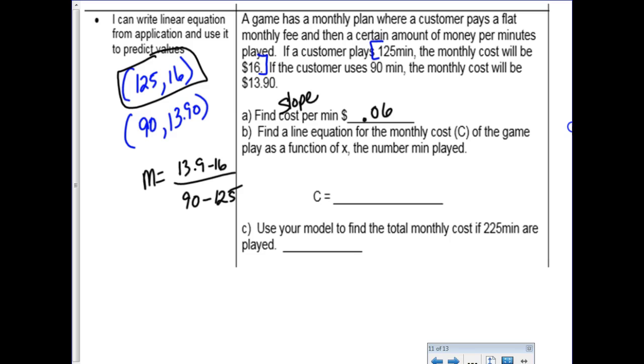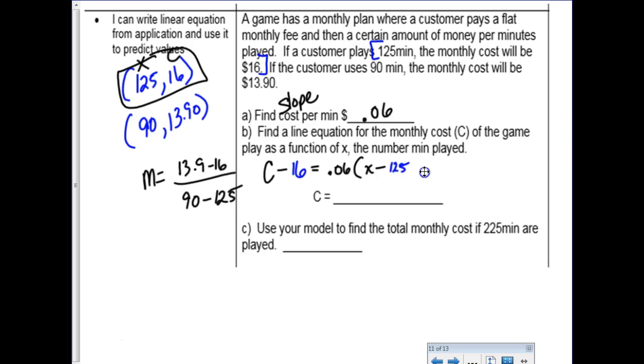So plugging that into point slope form, and I have to use, remember this is the x and then c. If you started with y, you just got to change it out for c at the end. So c minus c1, which is 16, equals the slope, which is 0.06, and then x minus x1, which is 125.